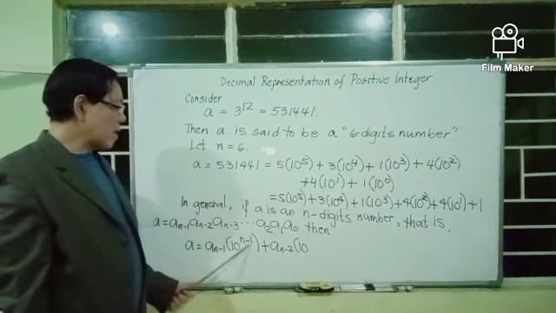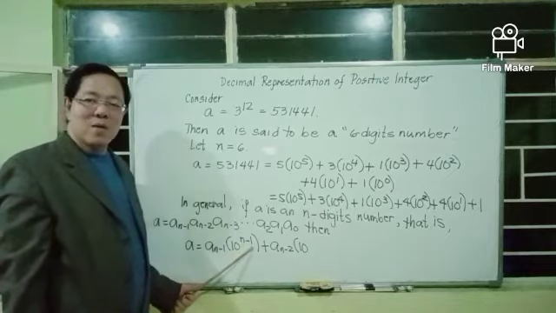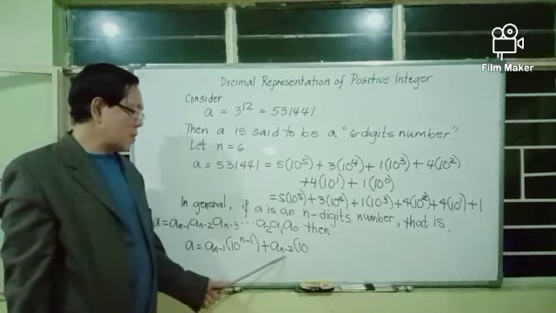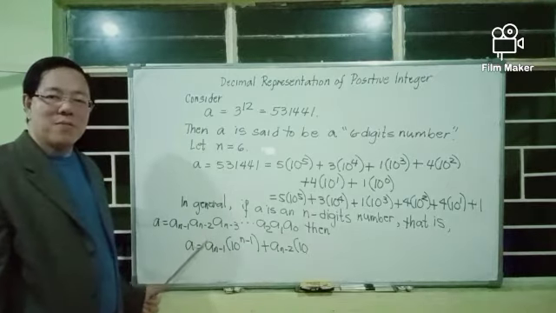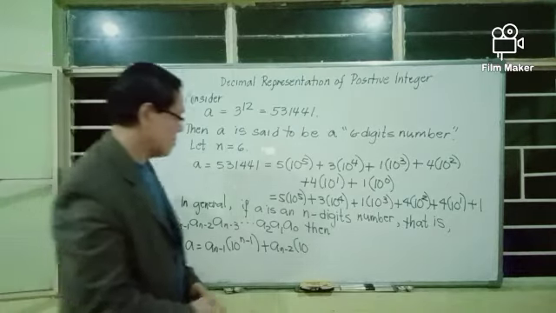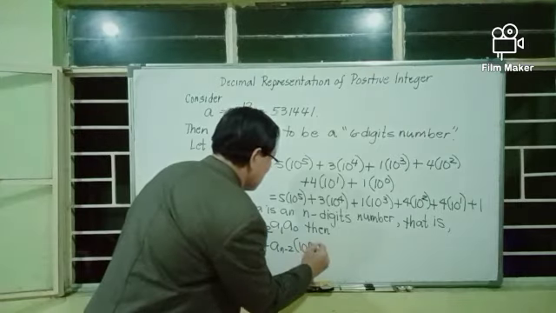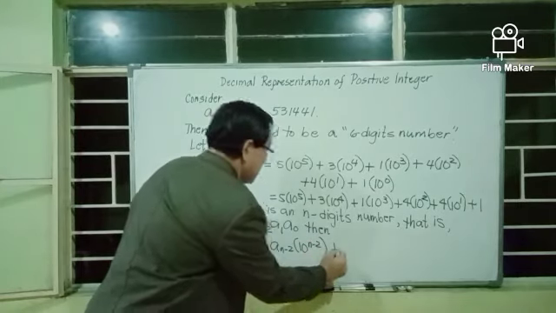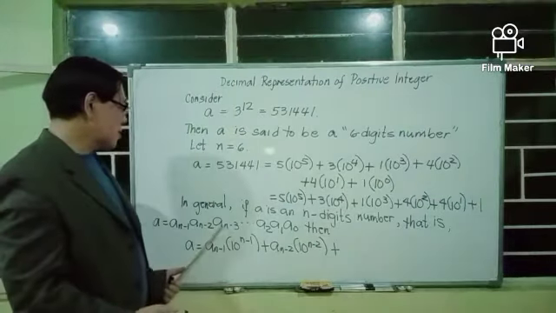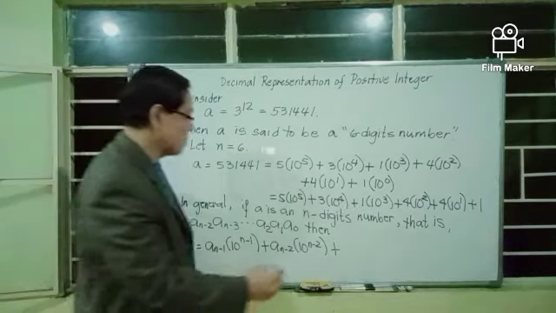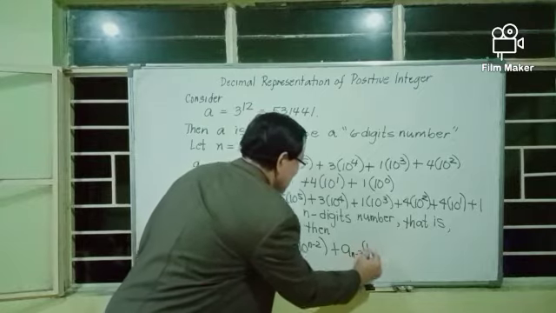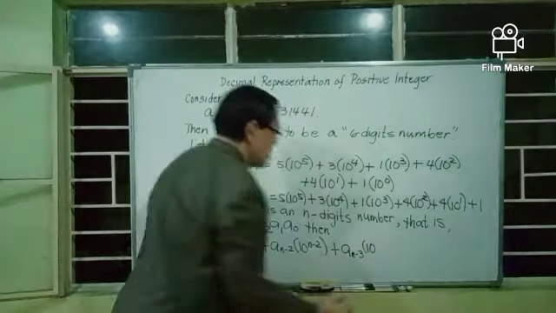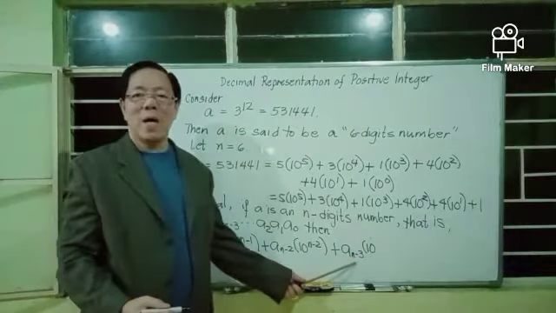So next to n minus 1 is n minus 1 minus 1, or n minus 2, which is the subscript of the second digit of a. The next term is the third digit, a sub n minus 3, multiplied by 10 to the power n minus 3.